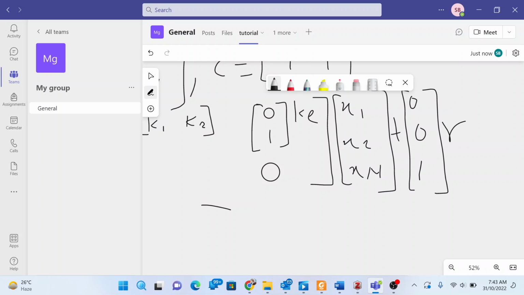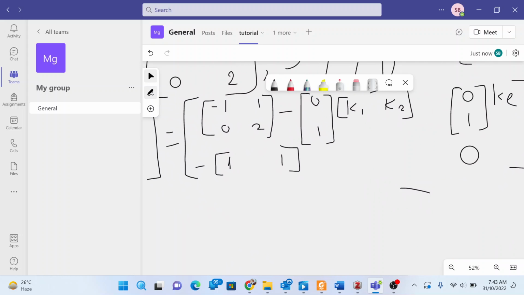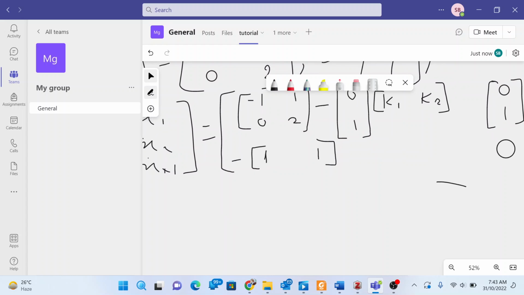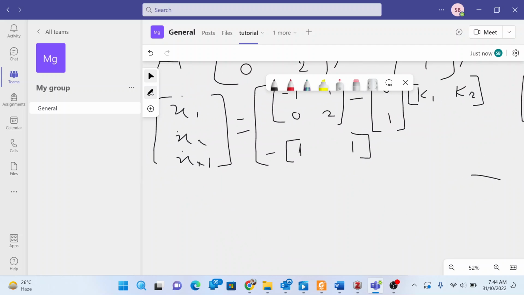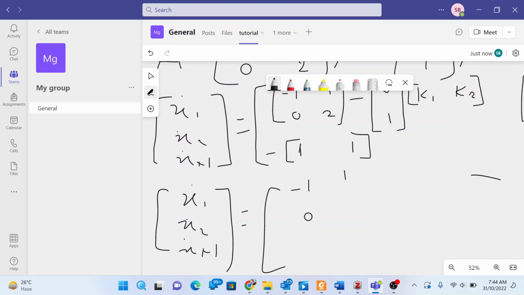So this equation now is what we want to simplify. If we expand this equation as it is now, if we multiply B and K1 K2, multiply that column matrix and the row matrix, we are going to get x1 dot, x2 dot, xn dot. So this is going to be minus 1 0 1 2.